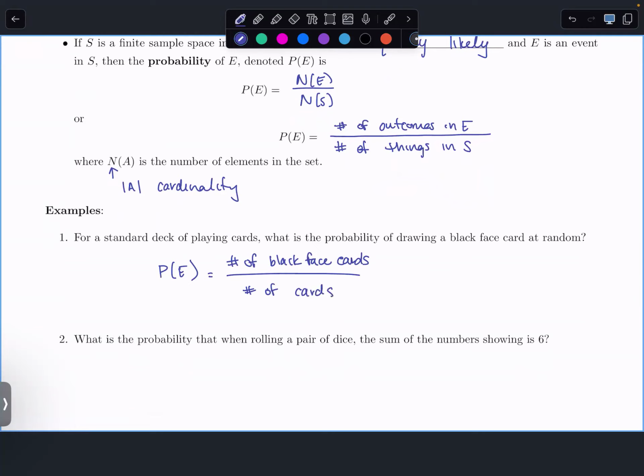So a standard deck of cards is 52 of them. Face cards are Jack, Queen, and King. There are 2 suits that are black. So this would be 6 out of 52. Jack, the Queen, and the King of Clubs. And the Jack, the Queen, and the King of Spades.